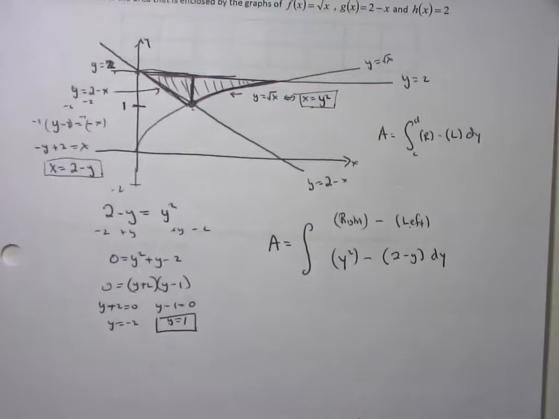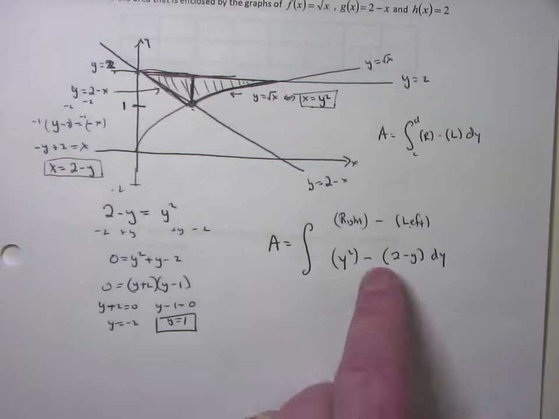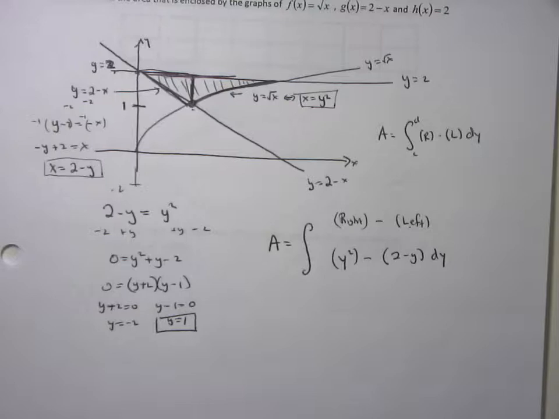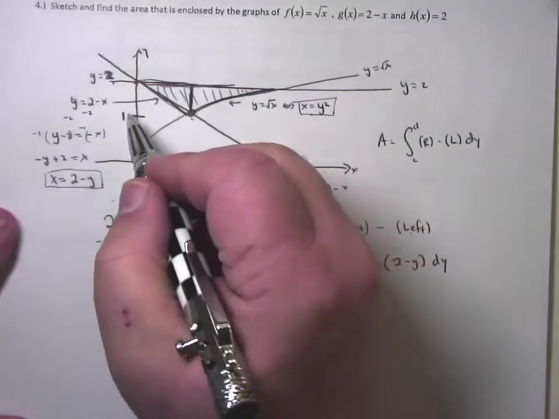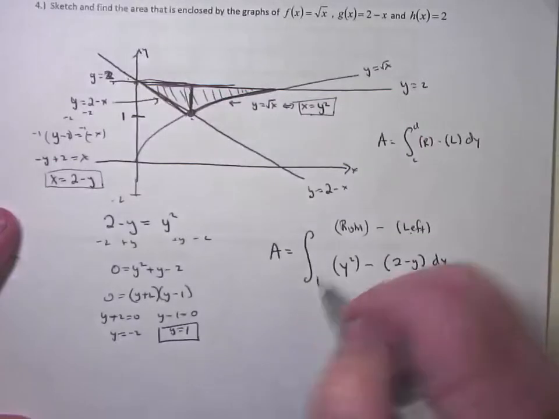Right function, parentheses, minus left function. Because that negative is going to distribute. And if you don't put the parentheses there, you'll forget to distribute and you'll get the problem wrong and the bridge doesn't make it to the other side of the river and people died. It's all your fault. Careless error kills. So, be careful. What are my bounds? From 1 to 2. These are y numbers, 1 to 2, because this is dy.